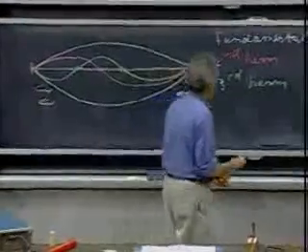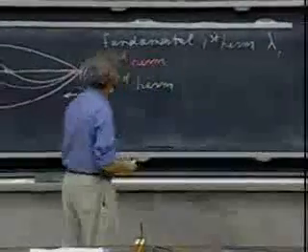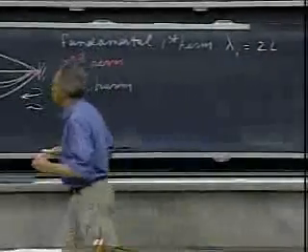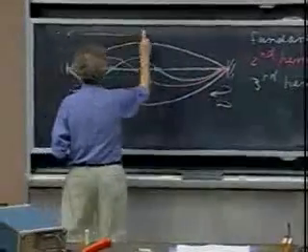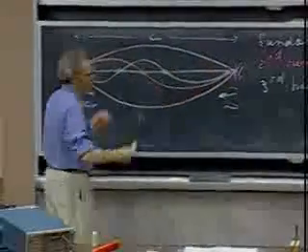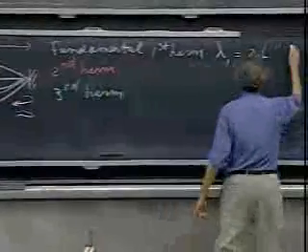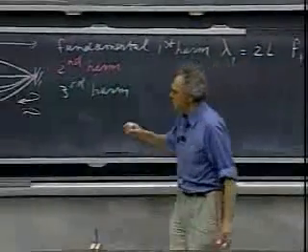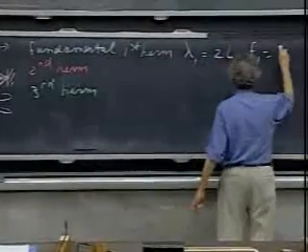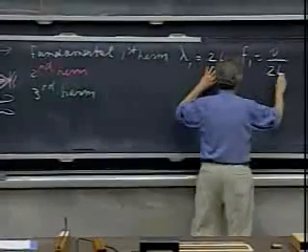And so for the fundamental, lambda 1, the 1 refers to the first harmonic, is 2L, if L is the length of my string. This is L. You only have half a wavelength here, so lambda 1 is 2L. But we know that the frequency is the velocity divided by the wavelength. We see that there. So the frequency f1 is the velocity divided by lambda 1, so that's divided by 2L.